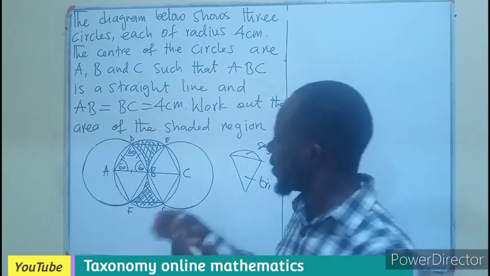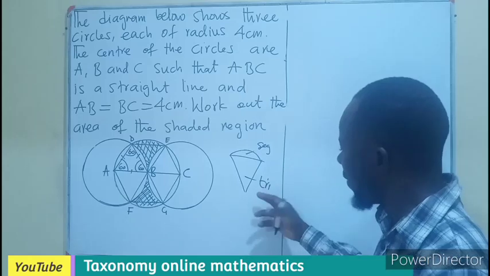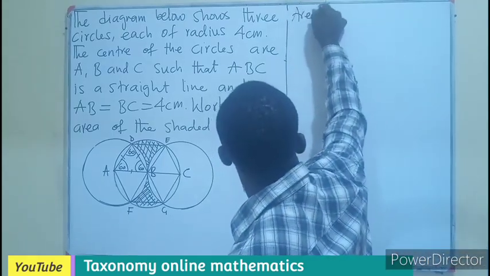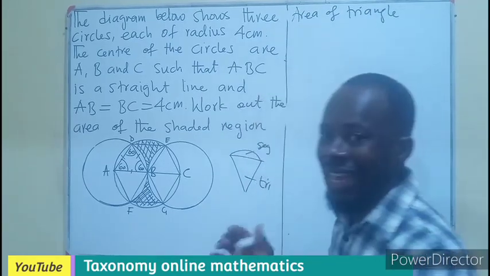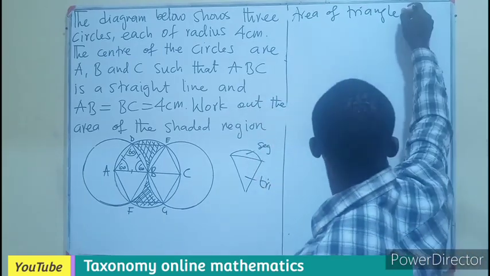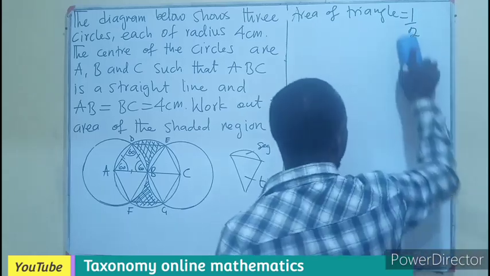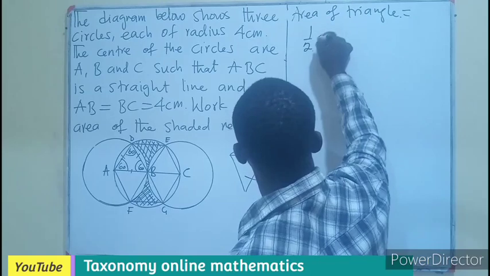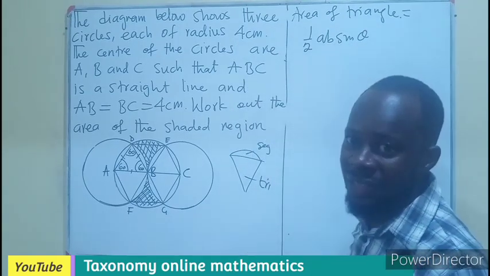So first of all, let's find the area of the triangle. We know the area of a triangle with two sides inclined to produce an angle, without a height, is half ab sine theta. That is the formula.